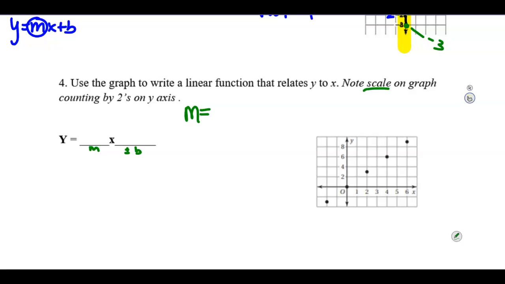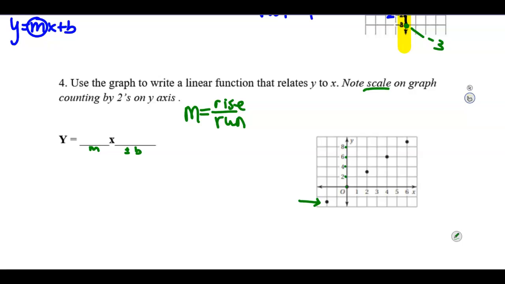All right, my slope, or my m, is the rise over the run. So again, I'm picking a point on the left, and I'm going to go to the right. This is where it's tricky when it says note the scale. This is right in the middle, but I notice here it's counting by 2's.